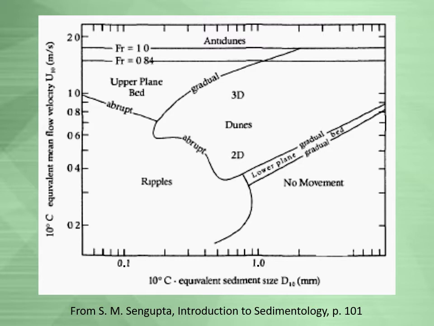With increasing energy condition, with increasing flow velocity, some plane laminations are formed, then dunes form. After that, when the Froude number becomes greater than 1, then for very minute portions, some plane laminations are formed and then antidunes form. So for larger grain size, there are no ripple marks formed.